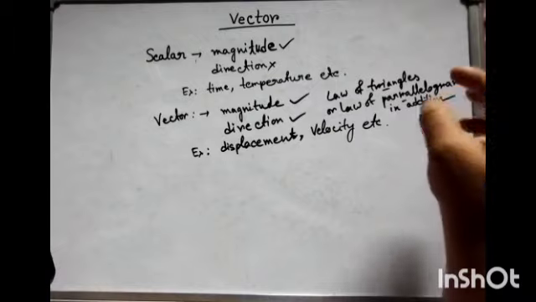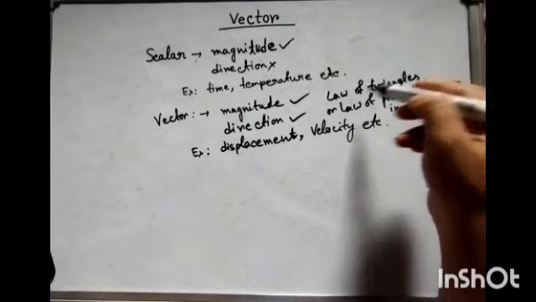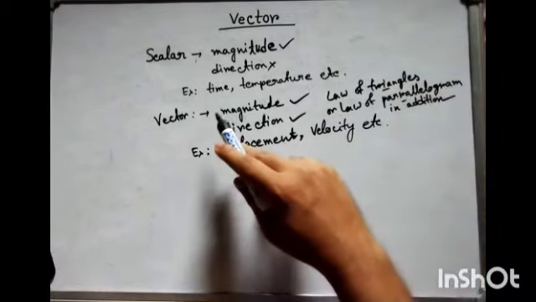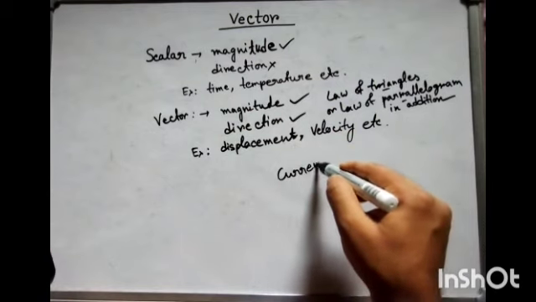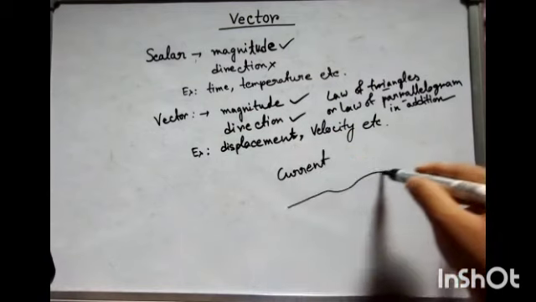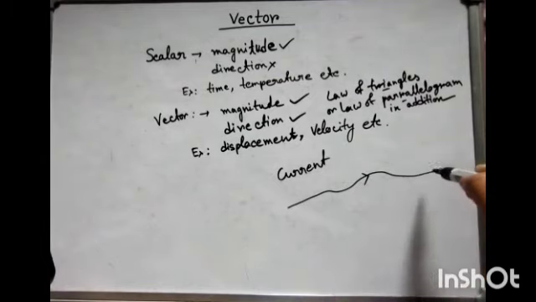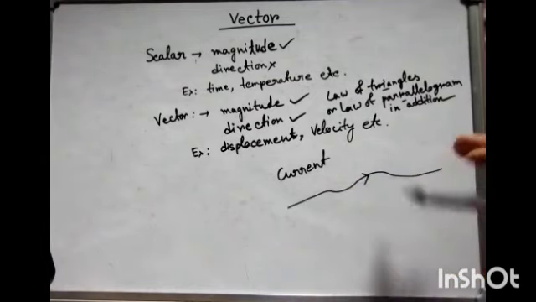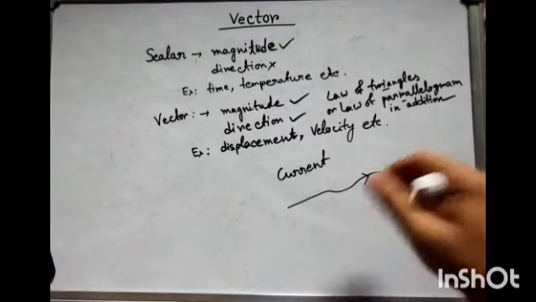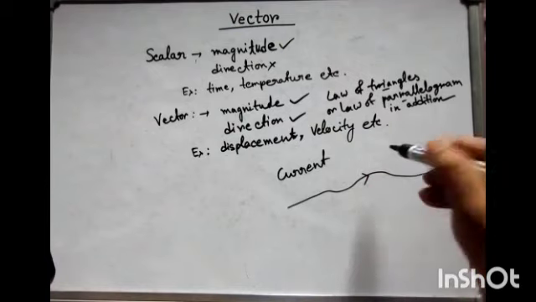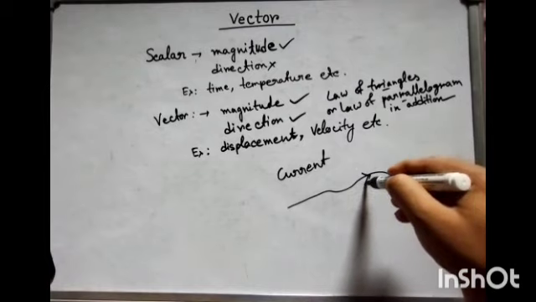If two quantities, when you add them, do not follow these rules, then they will not be a vector. For example, a current flowing through a wire. It has magnitude, some amount of current, say 1 ampere or 2 ampere, so this magnitude has a measurement.